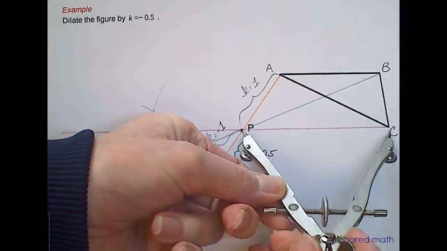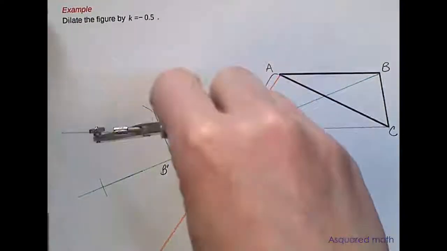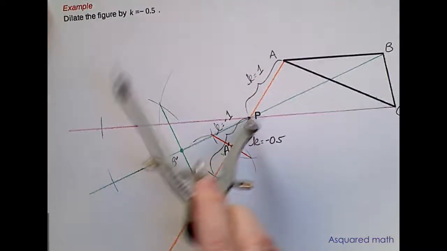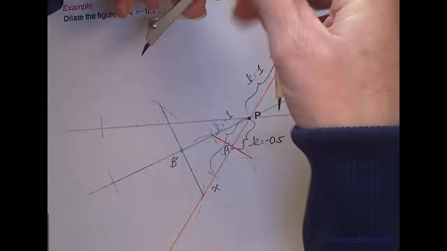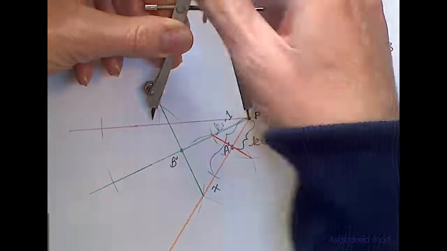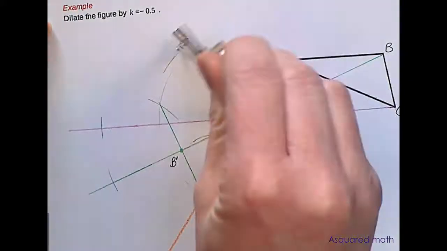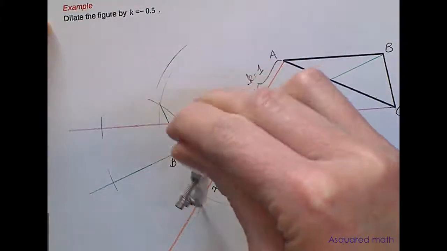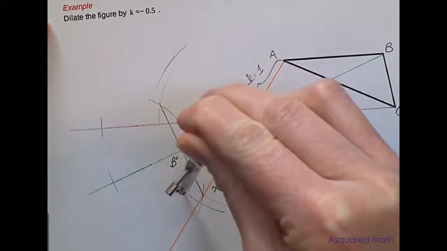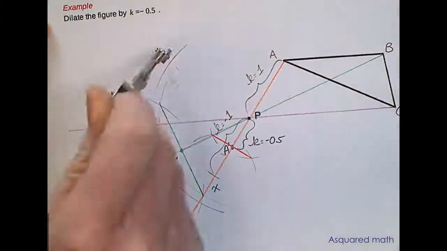Find the distance from C to P and mark it on the other side of P. Then we have to find that perpendicular bisector. Distance halfway, a little bit more than halfway. Mark up top. Ooh, we have to be careful here. This is going to get tricky. Go to the other side.